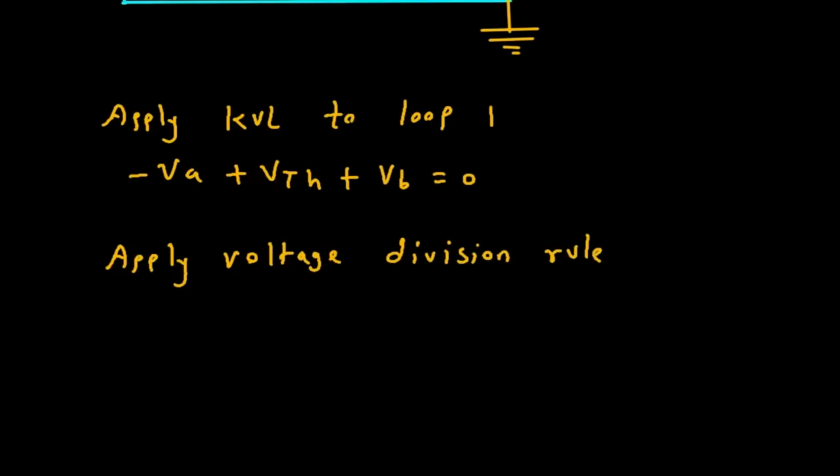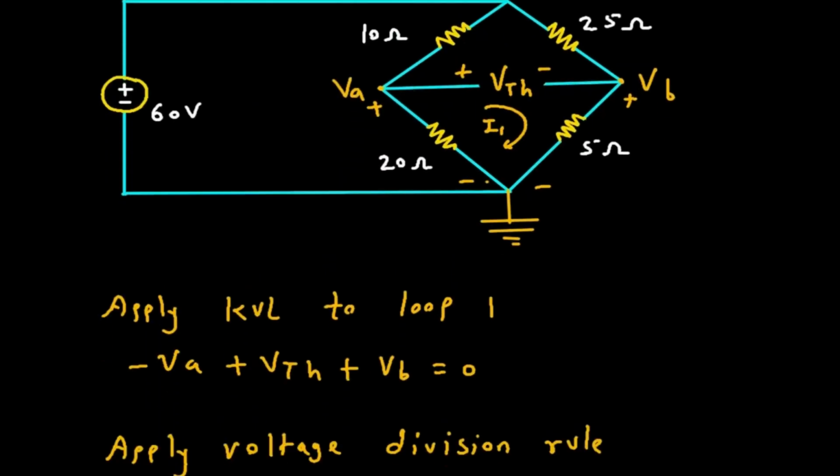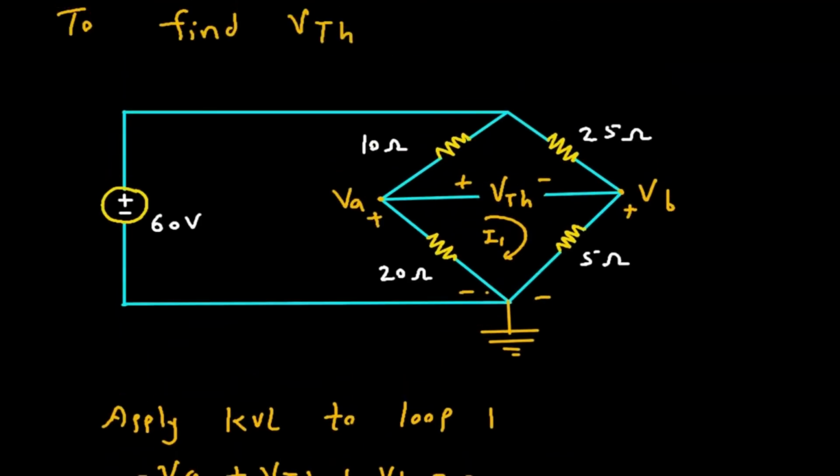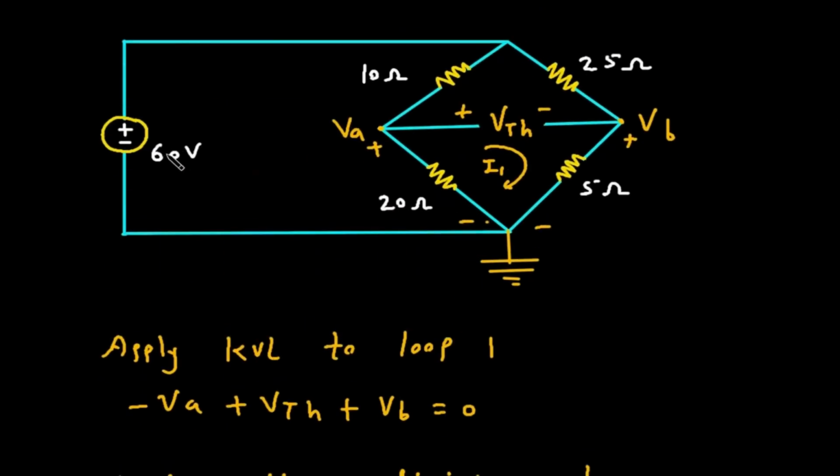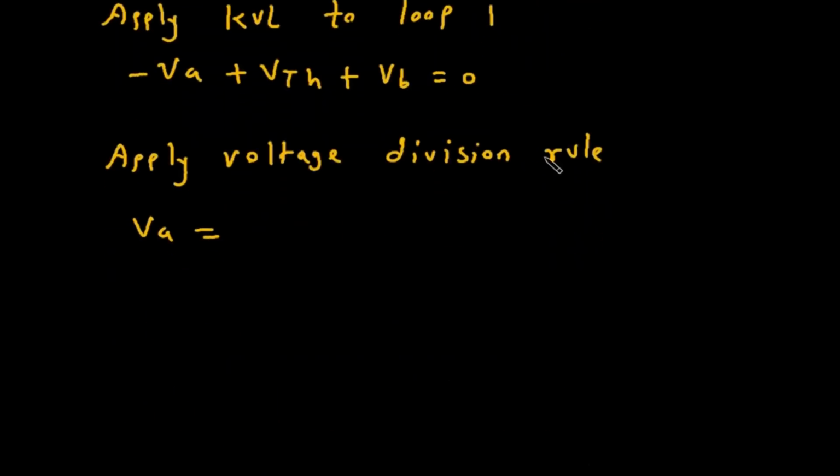Now according to the voltage division rule, VA is equal to the voltage across this 20 ohm. Here this 10 ohm is in series with this 20 ohm.